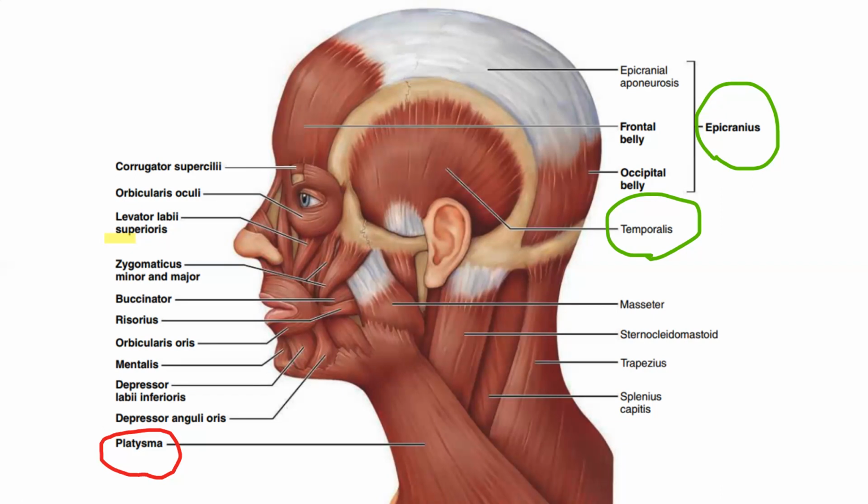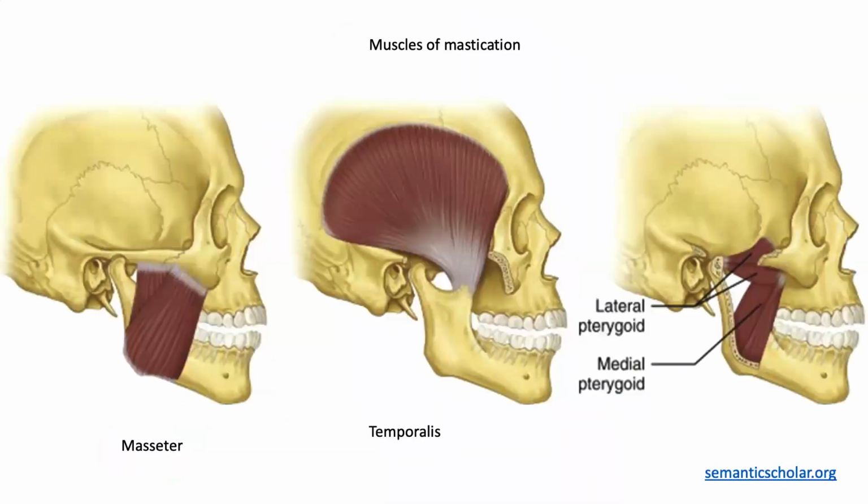Because the temporalis muscle and masseter muscle are important in chewing. We have a group of muscles which does the job of chewing, in other terms, mastication. So the muscles of mastication, the muscles of chewing, are the masseter muscle, temporalis muscle, and medial and lateral pterygoid muscles.